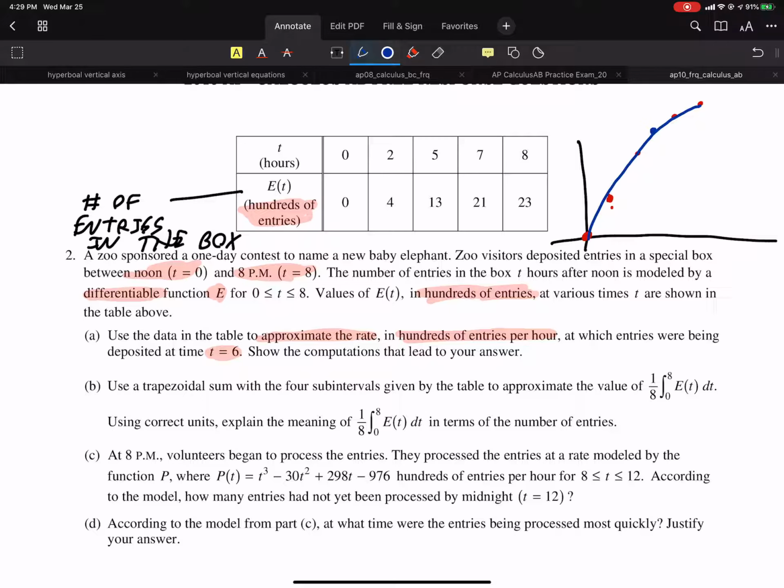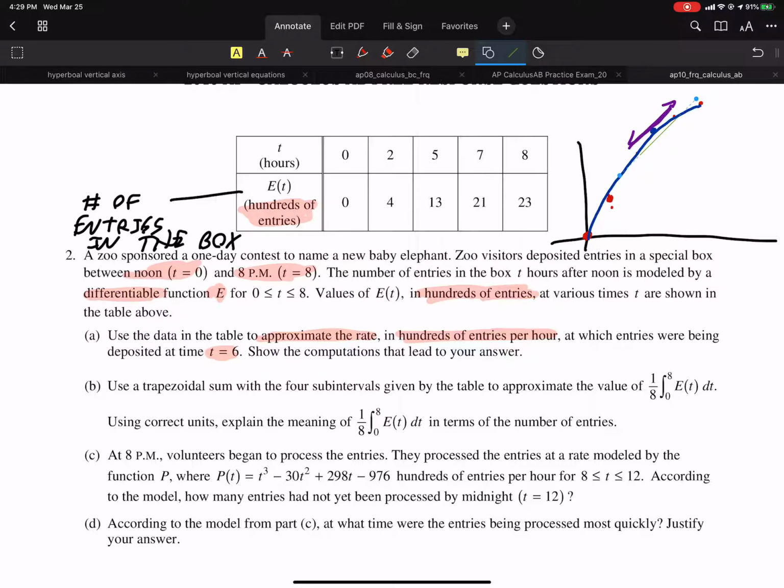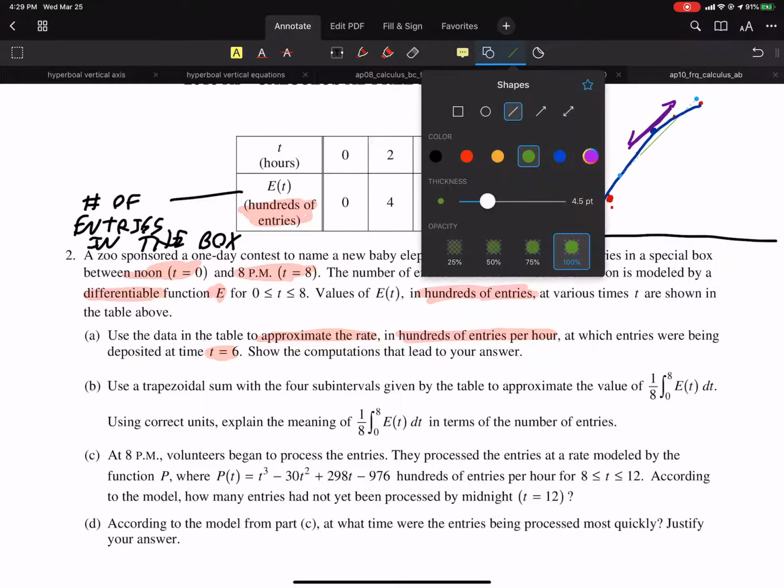And they want, oh, why'd I use blue? I blew it. Let's make it a little bigger. Oh, that didn't work like I wanted to. Can I make it bigger here? Nope.